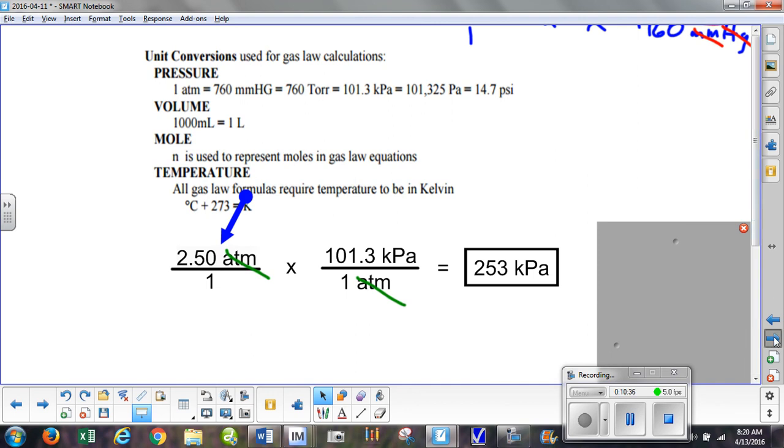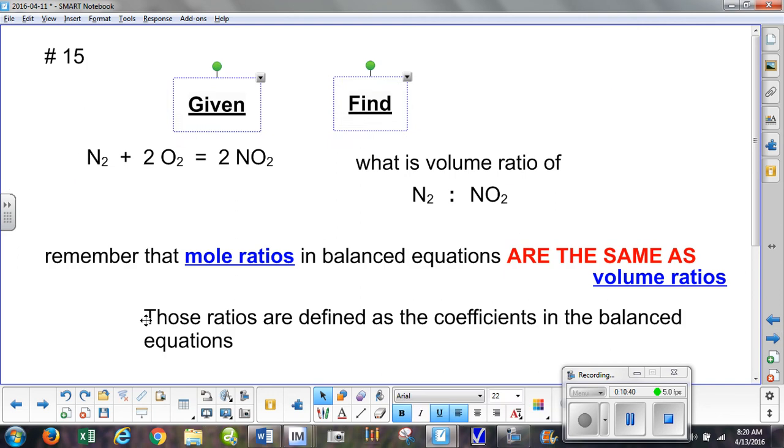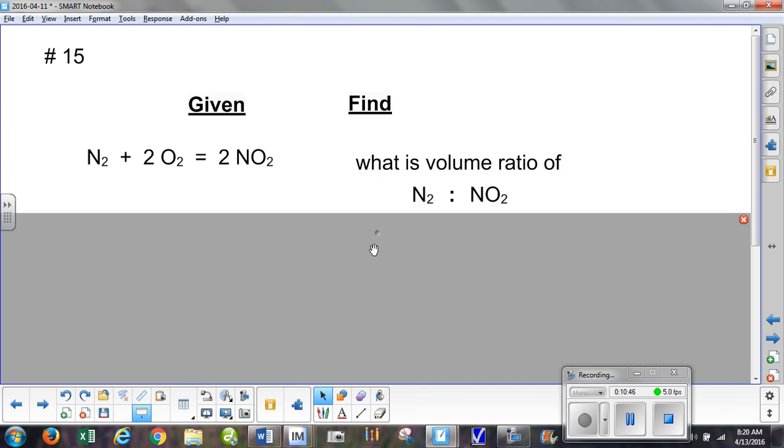Next problem that we did was number 15. Cleaning it up, it looks a little like this. And so, given and find again. I think that it's useful to do given and find even with a problem like this. Okay, nitrogen and oxygen come together to form nitrogen dioxide.